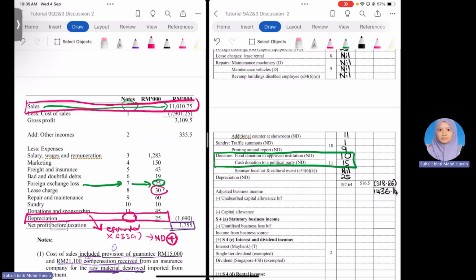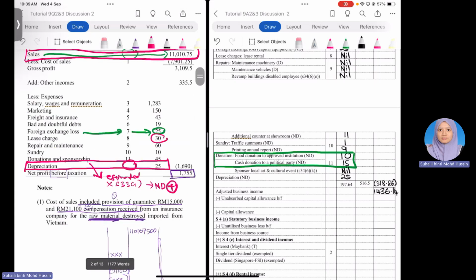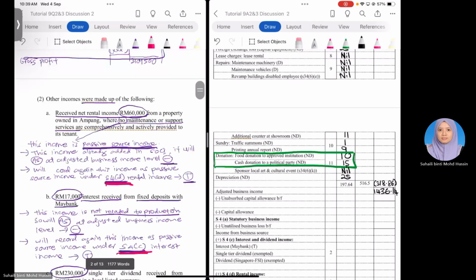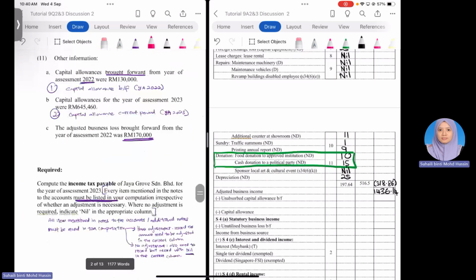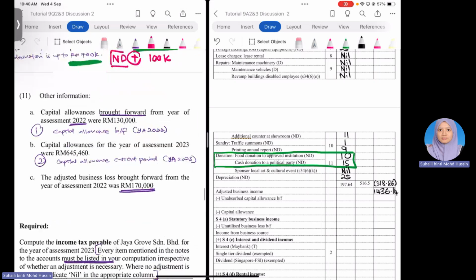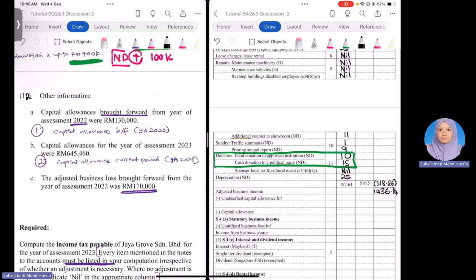Okay, and then go back to note number 12, other income. In the other income amount, you have 3 items given: capital allowance brought forward, capital allowance for the current period, and the adjusted business loss brought forward from the previous year.